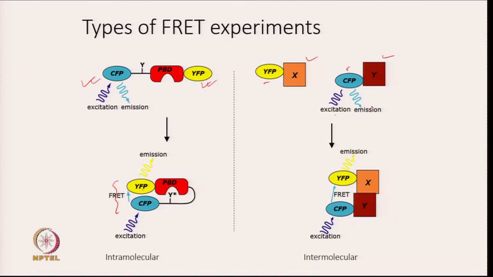Now, if I put them together and if there is an interaction, it means the distance between CFP and YFP will be small enough to have good FRET, and so when you excite CFP, your emission will happen from YFP.